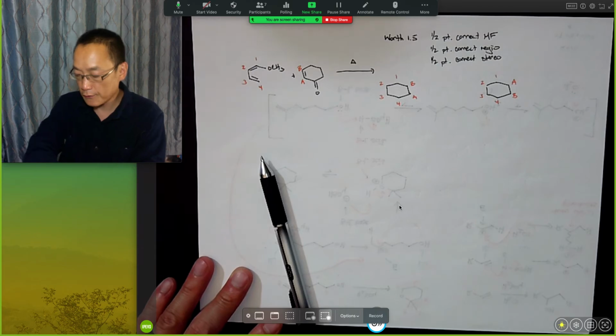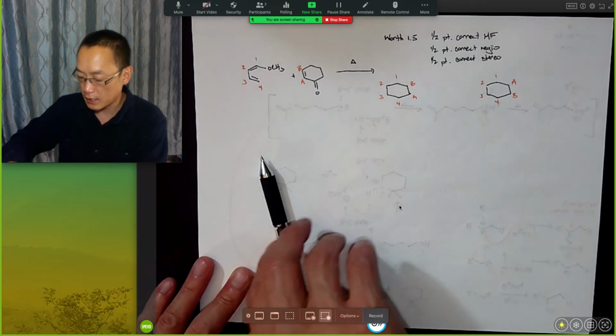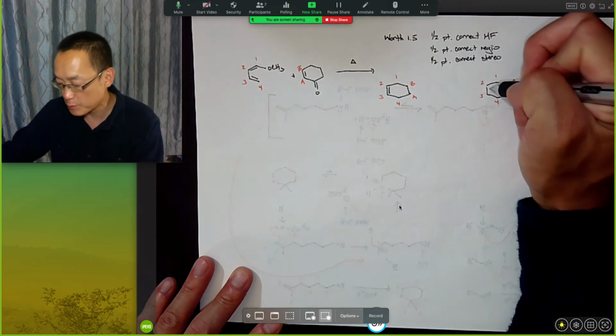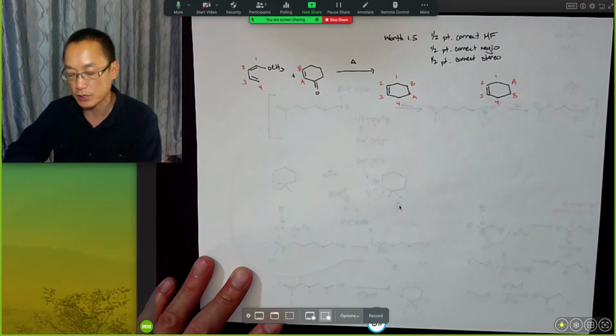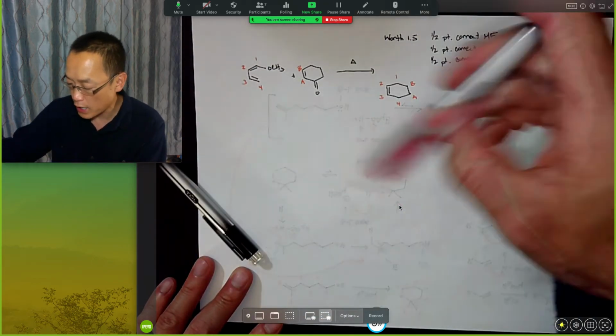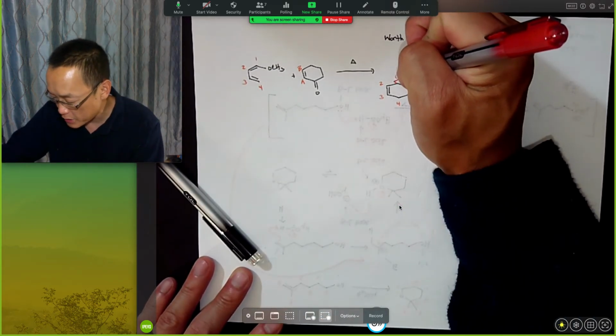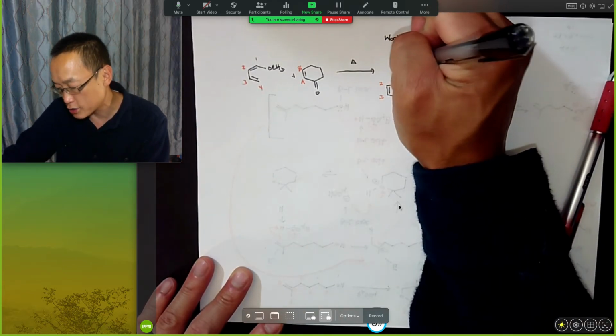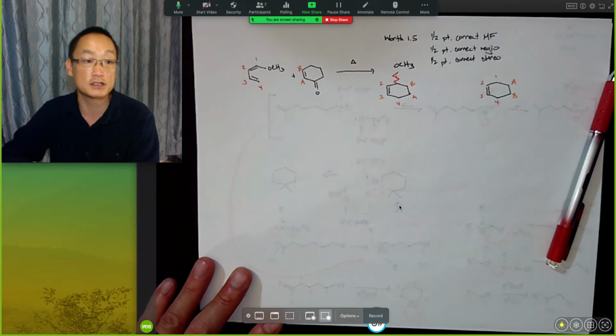And so if that were the case, then on carbon 1, well, we know for sure these would be the alkene portion, the new portion that's formed. I'm just going to go like this. In red, I'm just going to make a big squiggle line with an OCH3 attached to it. And that's just going to remind us that we've got to come back and figure out what the heck that should be.